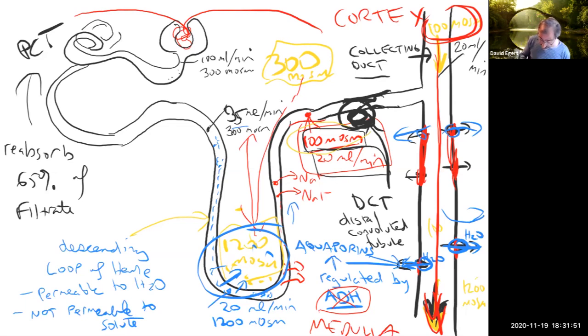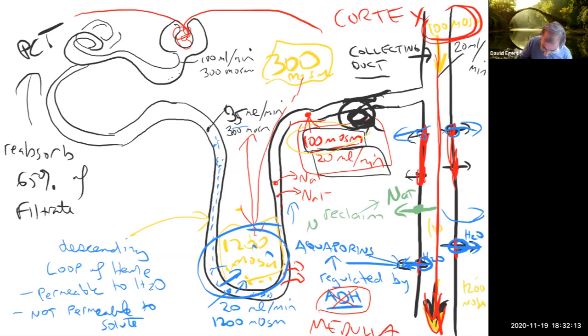So this is getting really messy. So reclaim sodium if aldosterone present.